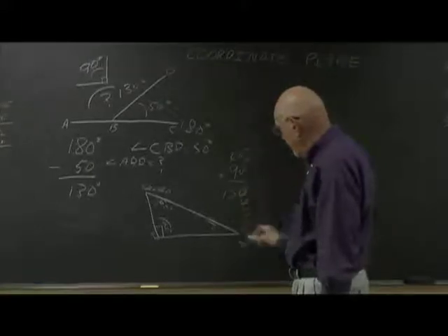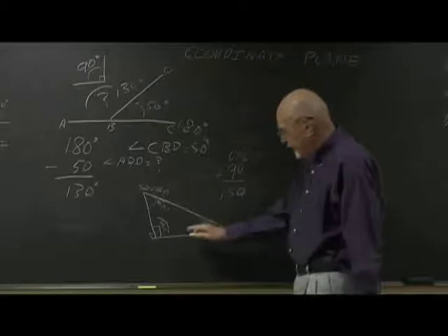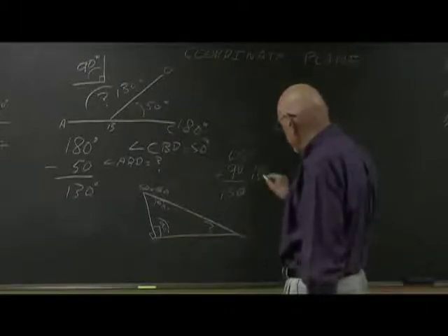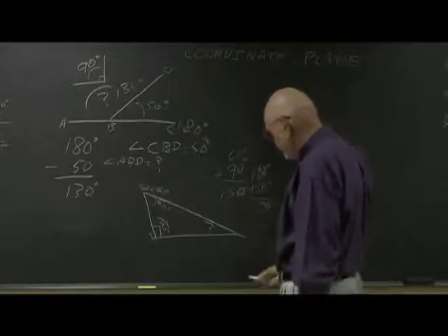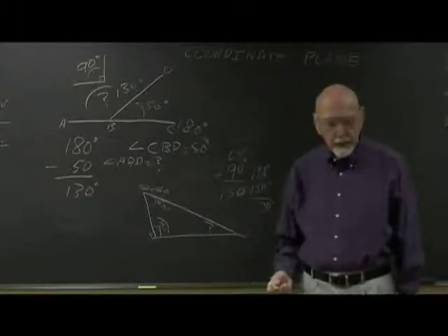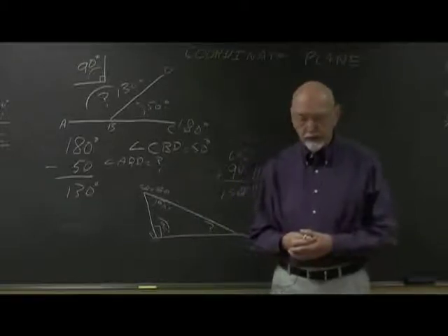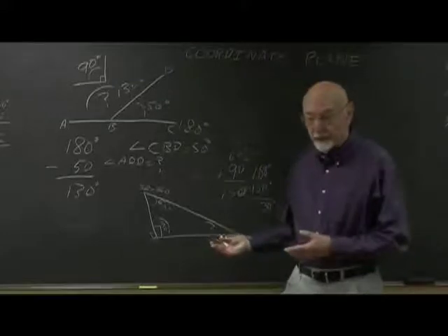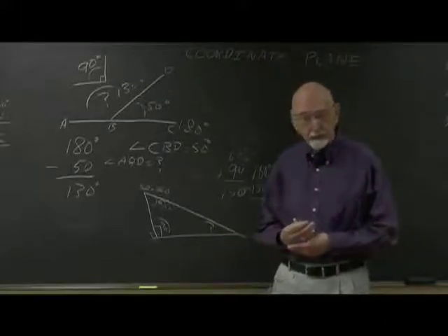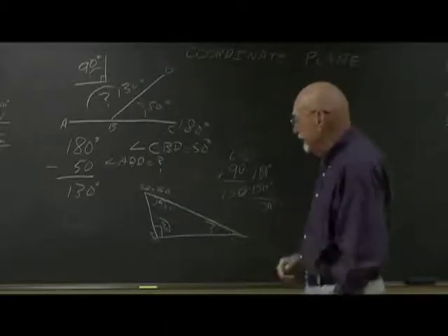And you would subtract 150 degrees from 180 degrees and you'd get 30 for the missing angle. If you know that all three angles of a triangle add up to 180 degrees, you can figure this out when there's a missing angle. Add the two you do know together, subtract from 180 to get the missing one.